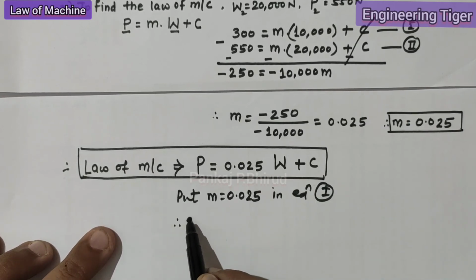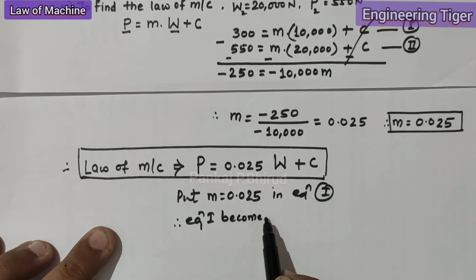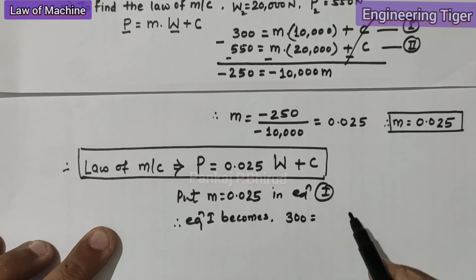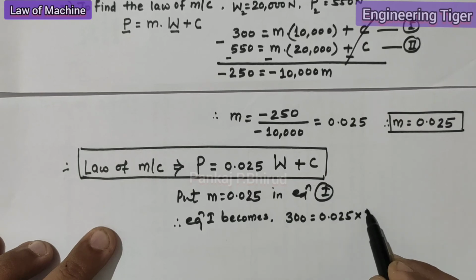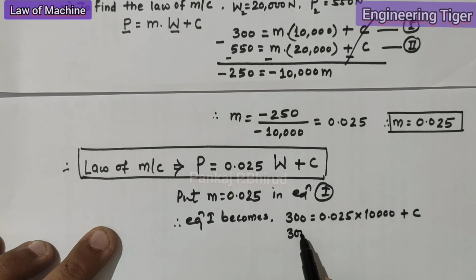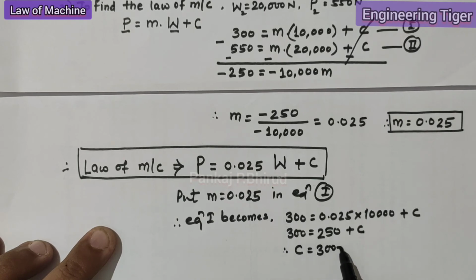So equation 1 becomes 300 is equal to 0.025 into 10,000 plus C, so 300 is equal to 250 plus C. Therefore C is equal to 300 minus 250, that is 50.